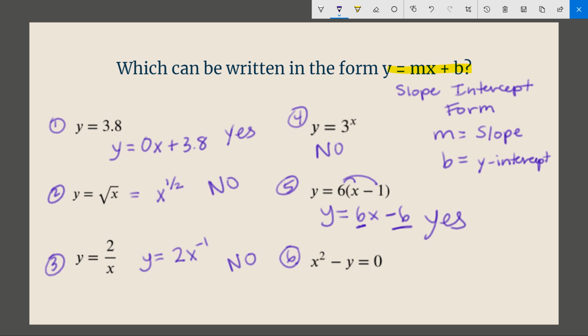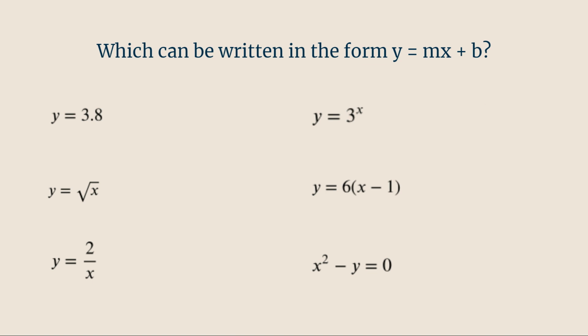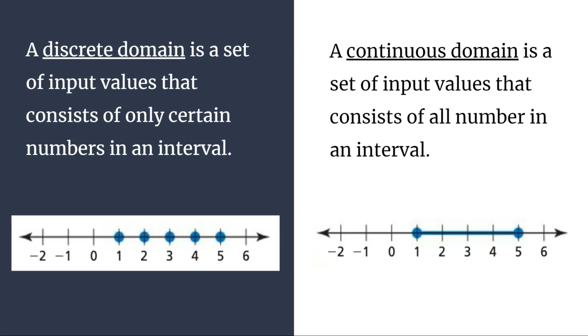This is what's called more of a standard form equation because of that reason. But still, it's a no. And we'll look more at standard form equations where x and y are on the same side in the next section, chapter 3.